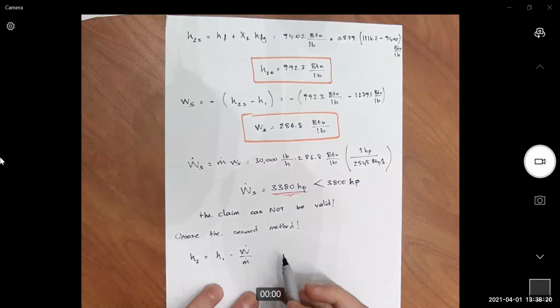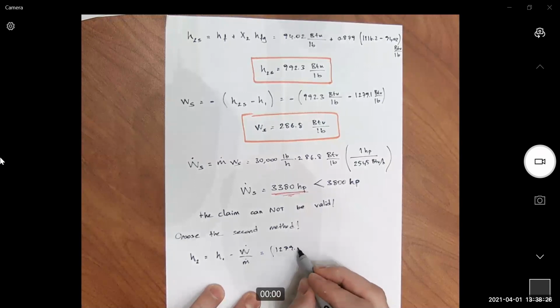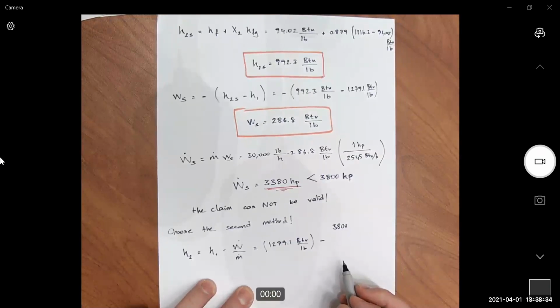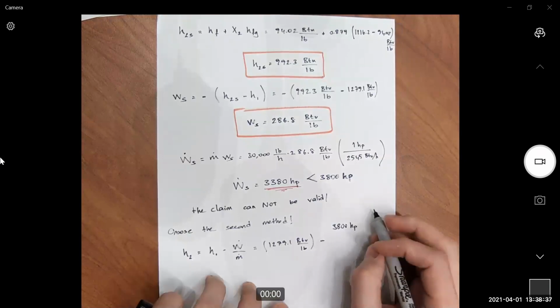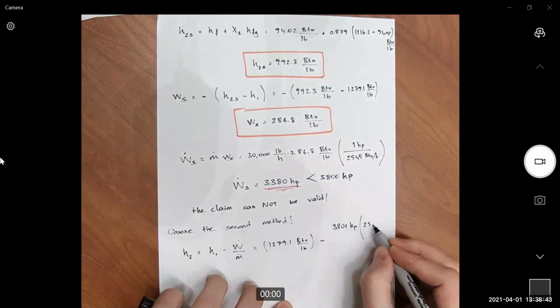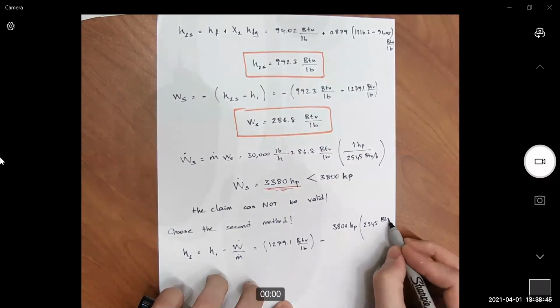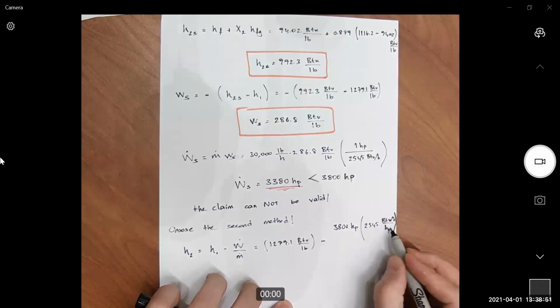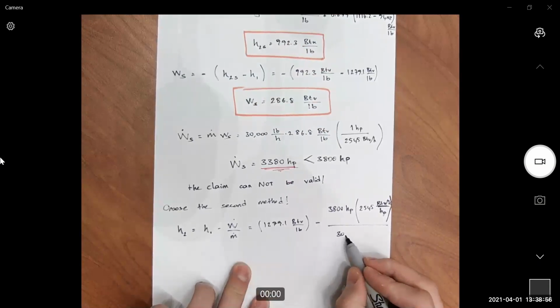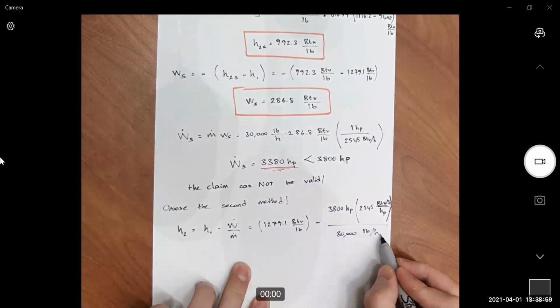And H1 is still the same, 1,279.1 BTU per pound, minus work produced in the turbine, 3,800 horsepower, times 2,545 BTU per hour per horsepower, divided by the mass flow rate, 30,000 pounds per hour.